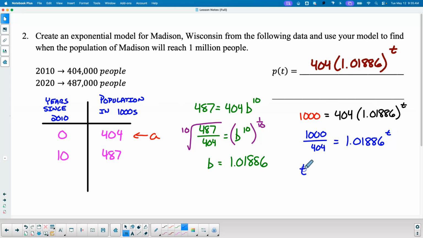Then I'm going to take the log. Get 48.507 years.